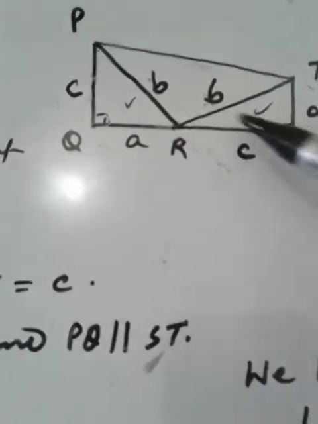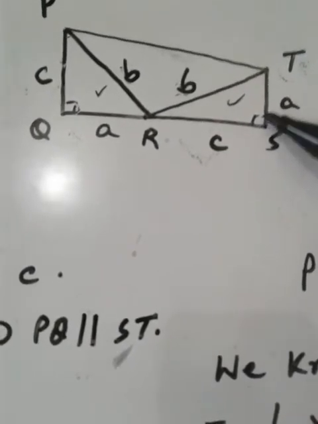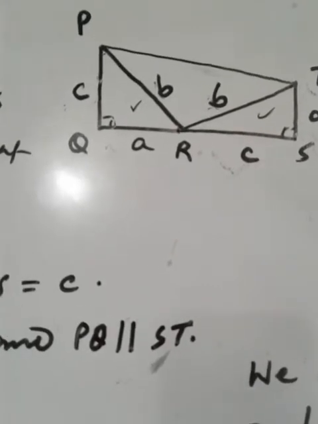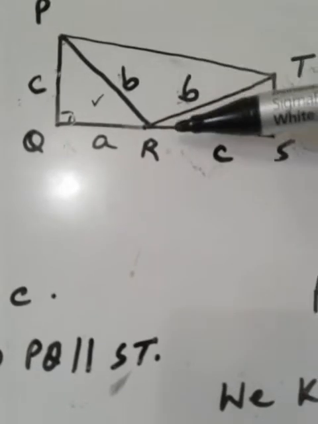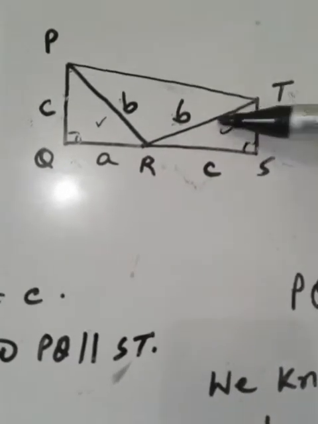PQR is 90 degrees and RST is also 90 degrees. So both triangles are congruent. If both triangles are congruent, we get PR equals RT. If PR equals B, then RT also equals B.